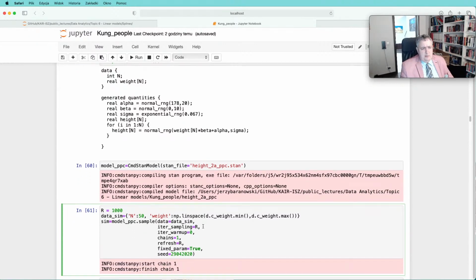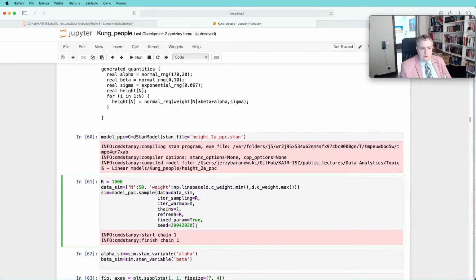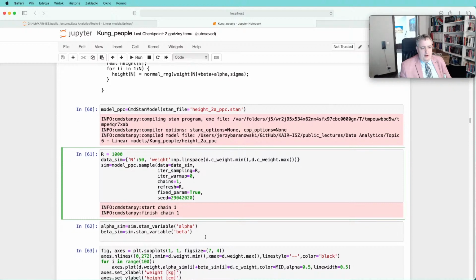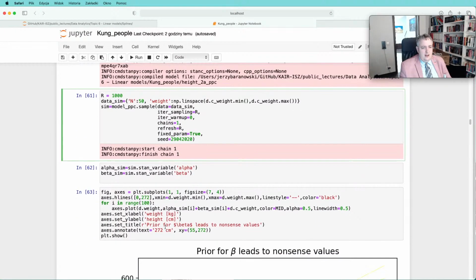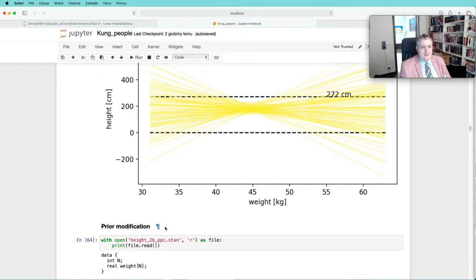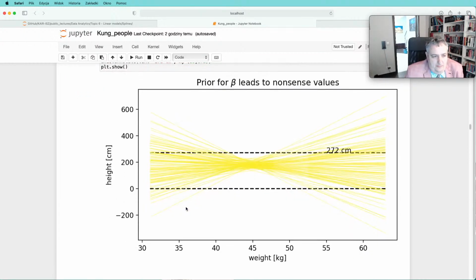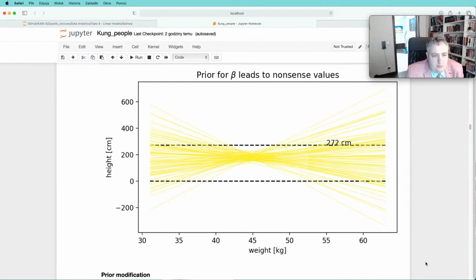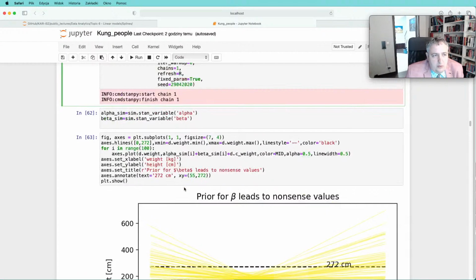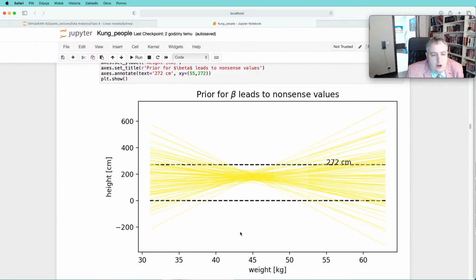So again, we are sampling, as always, 1000 samples. We get our alpha and beta parameters, and we plot them. And we really have the problem that this prior for beta is not necessarily reasonable. This, of course, is a plot returned to the original scale of weight. So we are not using centered weight here, but actual weight. What's the problem?